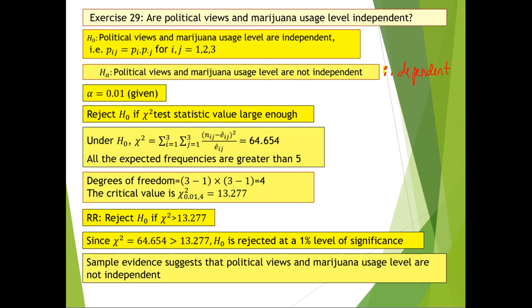Now, before I conclude, you may have asked the question, what do we do if the expected frequencies are less than 5? Let's go back to this original table.